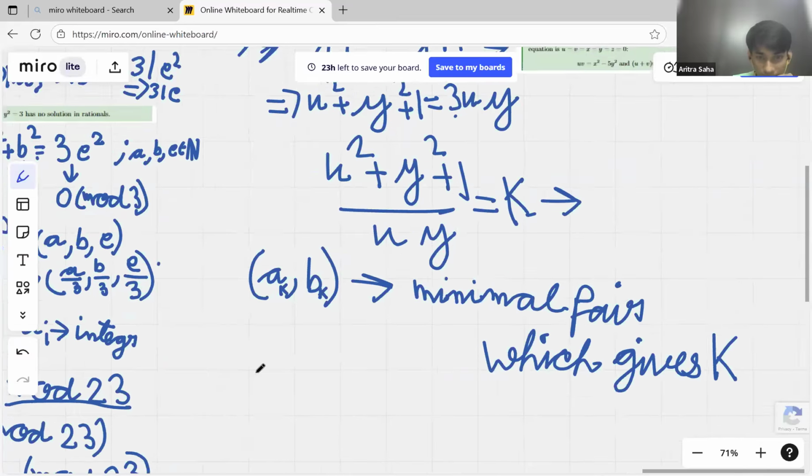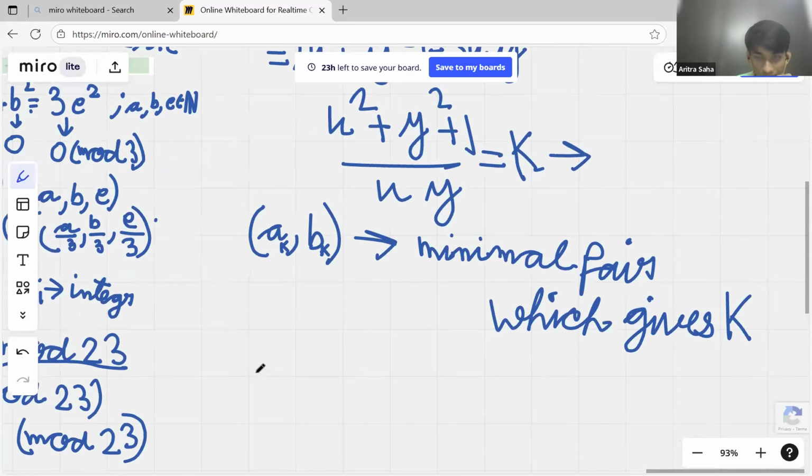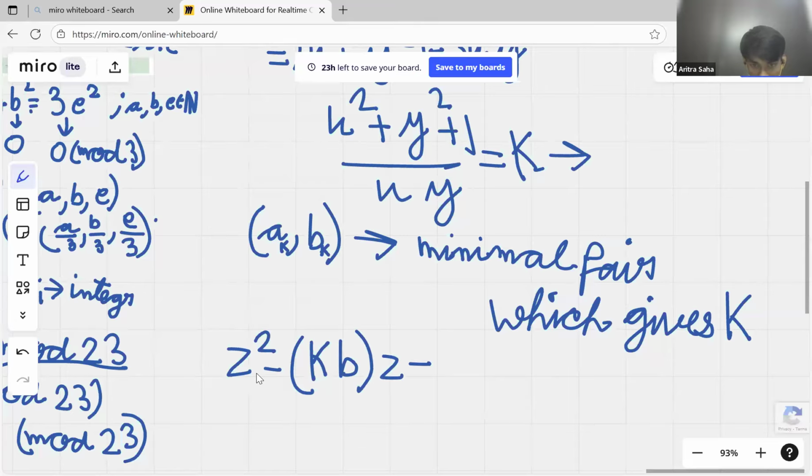I should have mentioned the catalog, but I'll do this first and then mention the catalog. If you write this as a quadratic equation, you will get z square, where z is basically a. I'm not writing a because you will see why. z square minus k b z plus b square plus 1 equals 0.